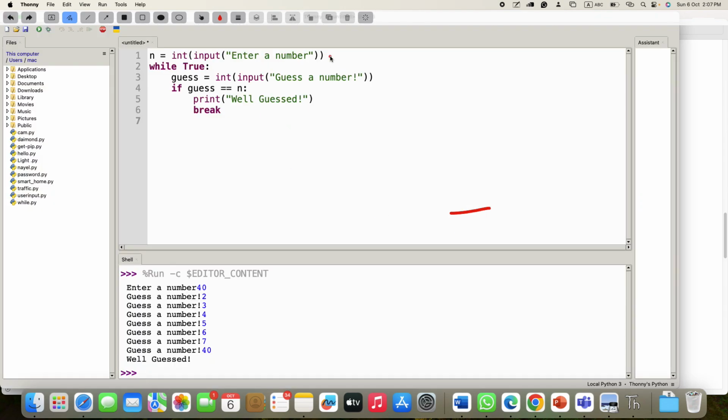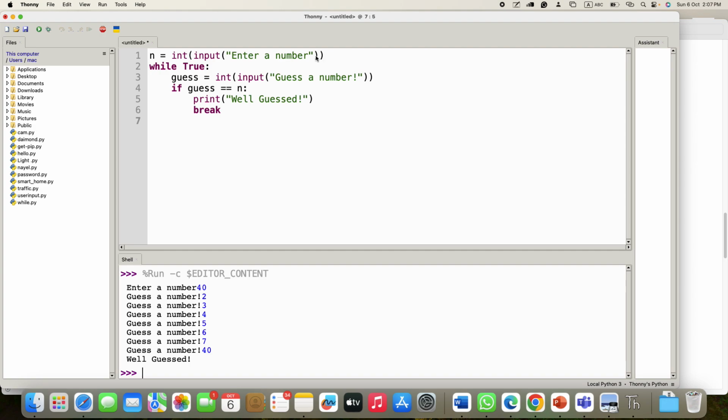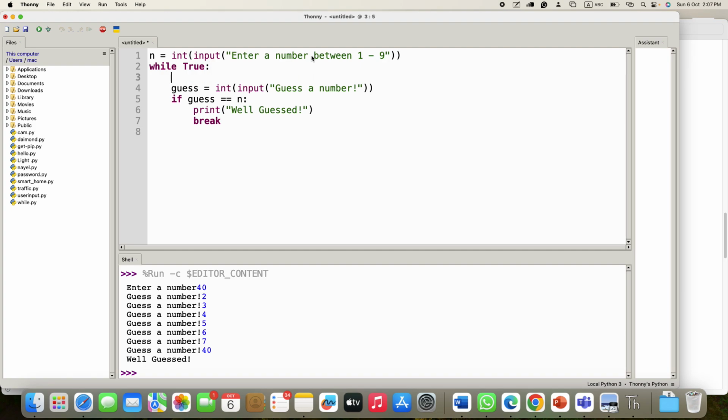Now, how do we deal with that? We need to put this one here: enter a guess between 1 to 9. If it doesn't enter between 1 to 9, what shall we do? While n, we check if n is greater than, and n is between, right?